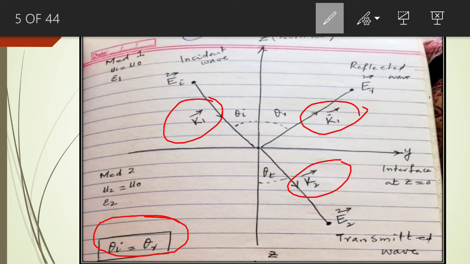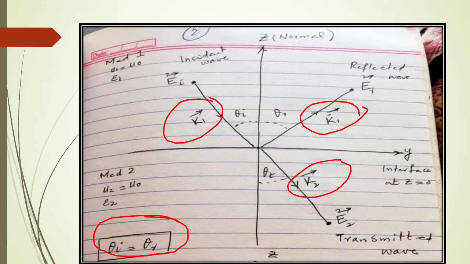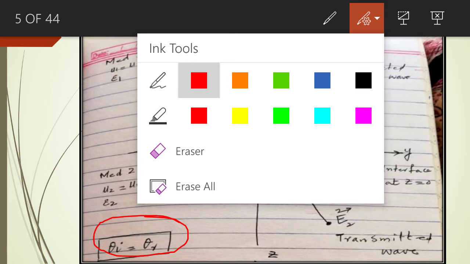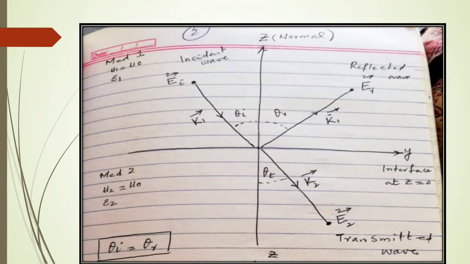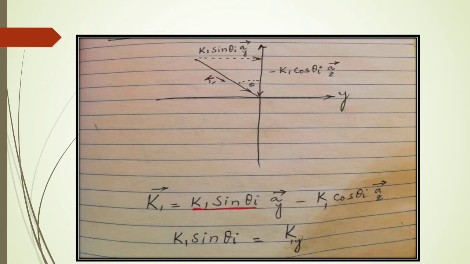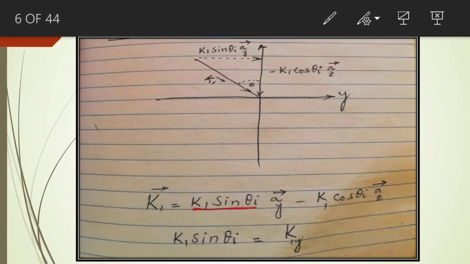So let us resolve the first vector K1 into two components. We consider the vector K1 in this particular diagram, and we know that the angle of K1 with respect to the normal is theta I. We resolve K1 into two components.